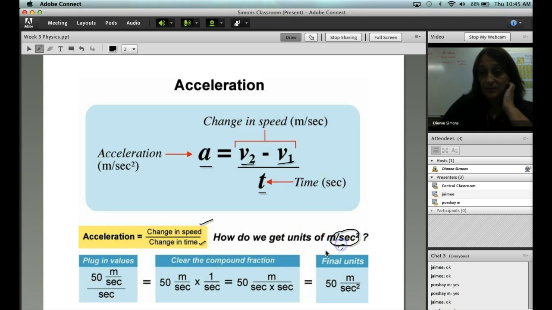Units are pretty important in physics because they help you with your calculations. All right? So we're going to plug in some values. So we're going to say that our acceleration is, the velocity is 50 meters per second in 1 second. So this is how we get our final units.